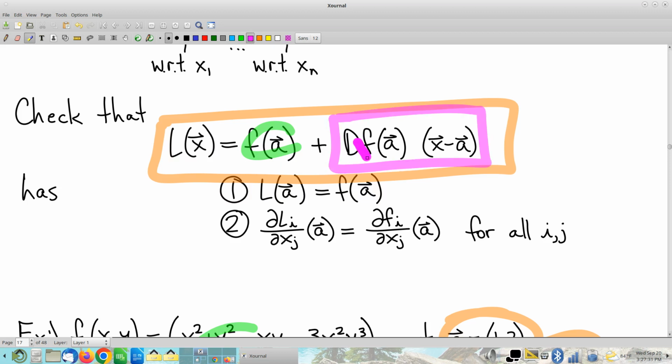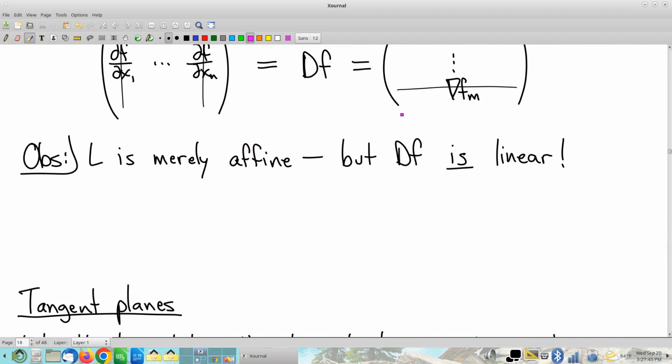So the action that this derivative matrix does, it multiplies by something, and then out comes a result that's doing most of what the linear approximation is. That, being a matrix, is linear. So anyway, that's the term. All right.